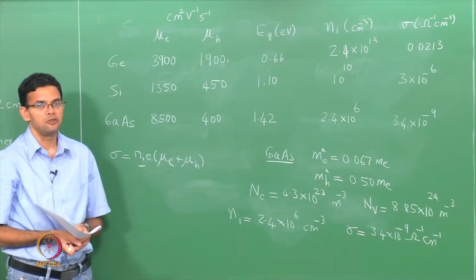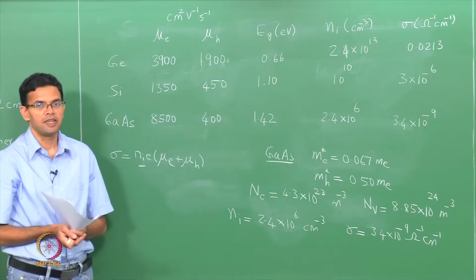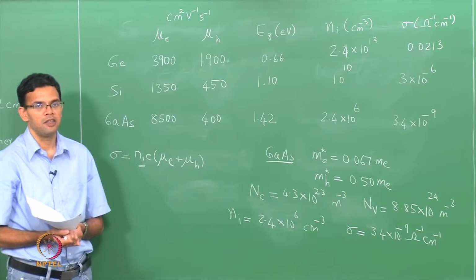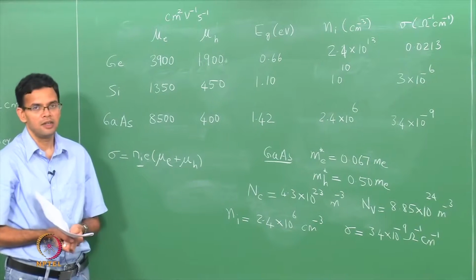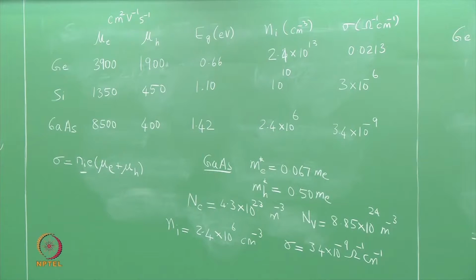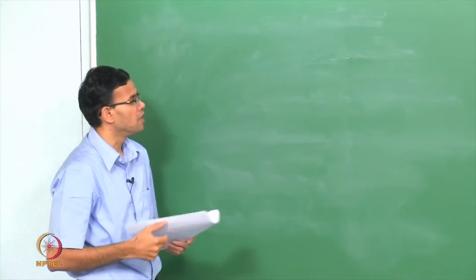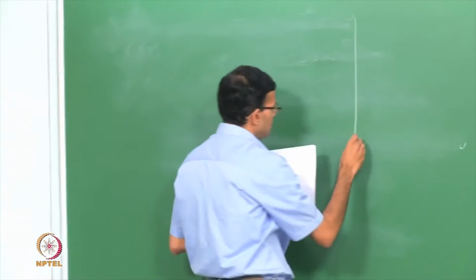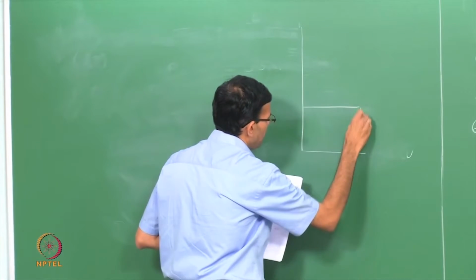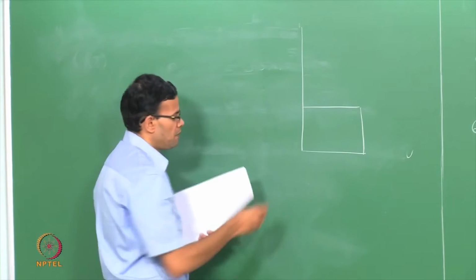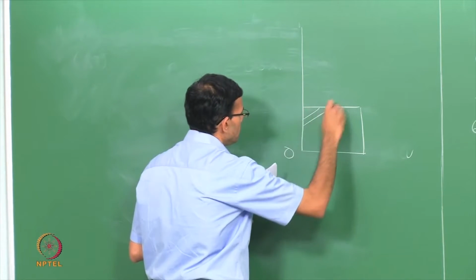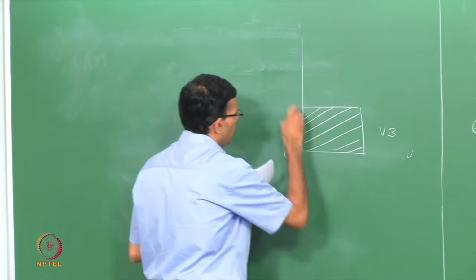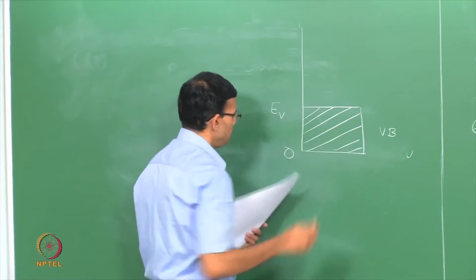The next thing I would like to do is, in last class we never calculated the position of the Fermi energy. So, we will go ahead and calculate where the Fermi energy is located in an intrinsic semiconductor. Let us go ahead and draw the band picture. We have energy on the y axis, we have a valence band, the bottom of the valence band is referenced as 0, and the top of the valence band is EV.